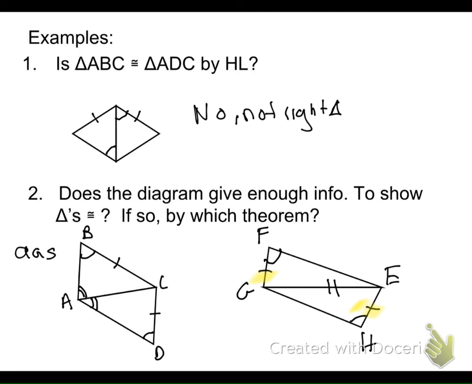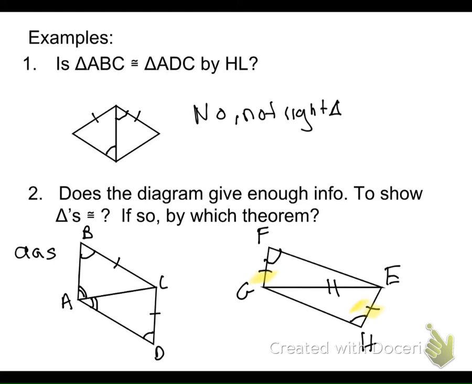Okay, so does anybody have a solution for how they think we could show this? Yeah, Ethan? These are SSA. So Ethan came up with probably the only solution we'd be able to come up with, SSA. Unfortunately, that is not actually a congruence. So no, we would not be able to show it.